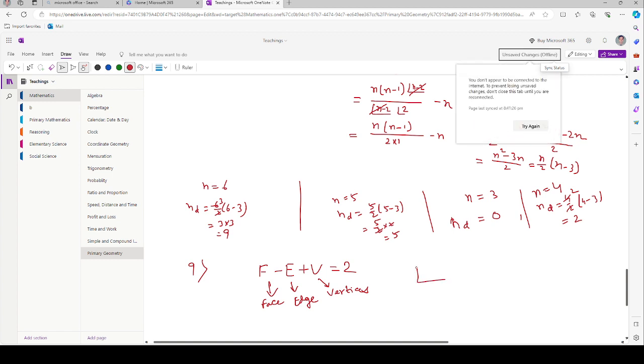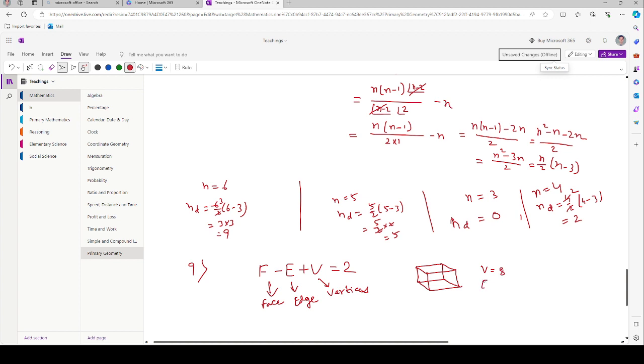Let an object, cuboid, be taken. Let us take a cuboid, then we can easily tell that the number of vertices equals 1, 2, 3, 4, 5, 6, 7, 8, and number of faces equals 1, 2, 3, 4, 5, 6, and number of edges equals 1, 2, 3, 4, 5, 6, 7, 8, 9, 10, 11, 12.